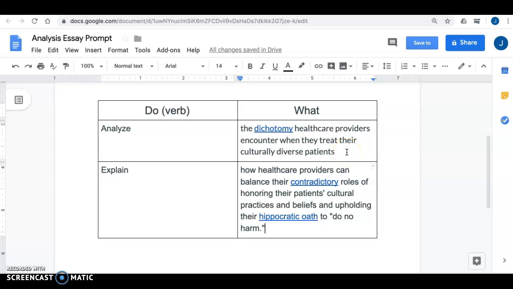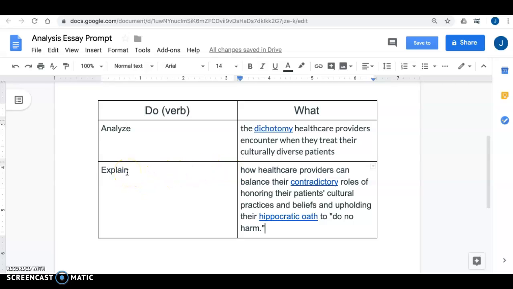So that's a problem when they want to make sure that they uphold their Hippocratic oath to do no harm. So that's where the dichotomy comes in, that division, that contradiction, where they need to honor their culturally diverse patients and their beliefs. But then they also need to make sure that their patients are well and that they get better.